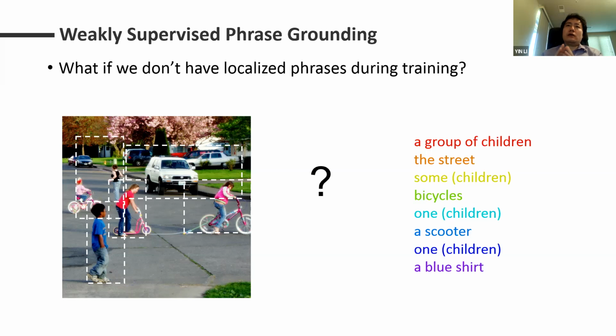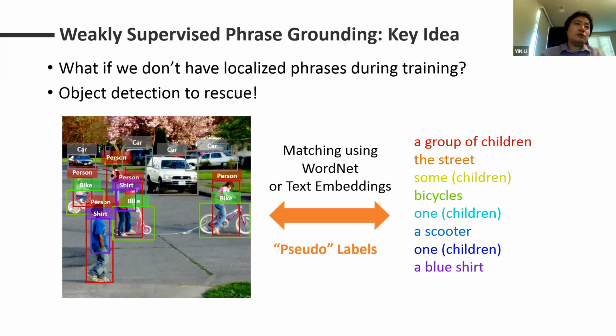The simple idea is the following: we have pretty good object detection models on the market. So how about we just run the object detector on the images? The object detector will give us two things. First, it will give us these object regions in terms of bounding boxes. And more importantly, it will give us the possible label of these bounding boxes in terms of object categories.